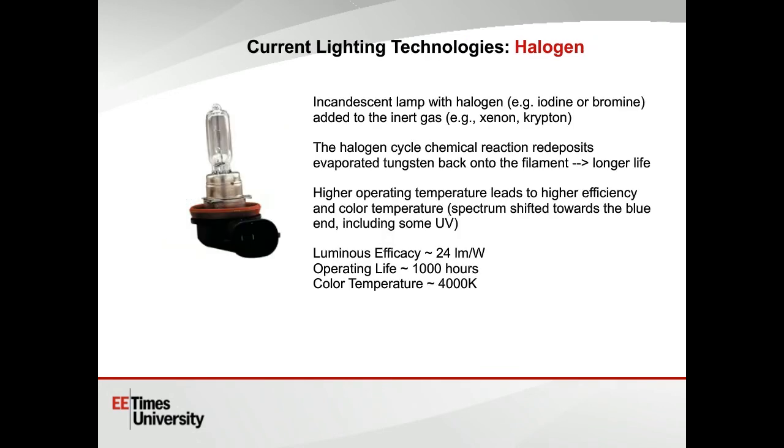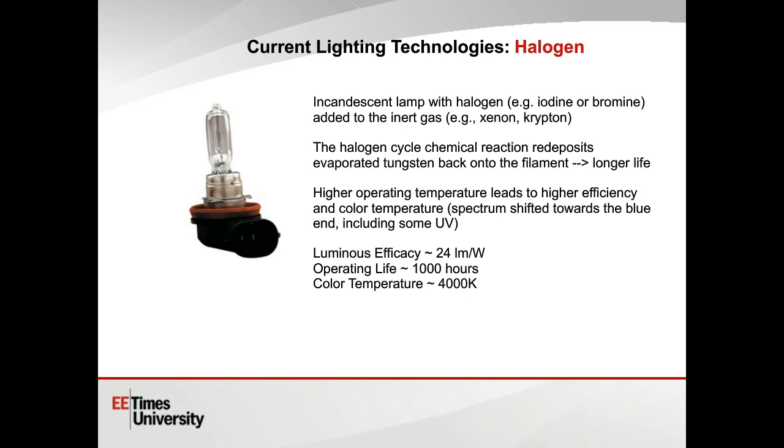Around about 1960, we saw the next advance in light technology with the introduction of the halogen incandescent lamp. Very similar in operation to the original incandescent bulb, but it adds a halogen such as iodine or bromine to the inert gas.